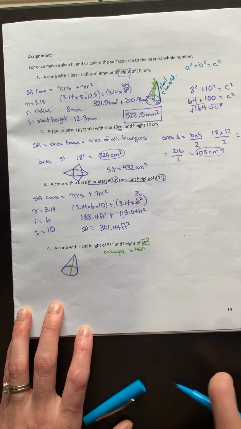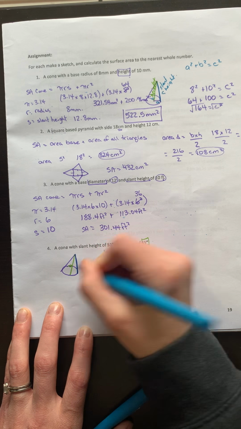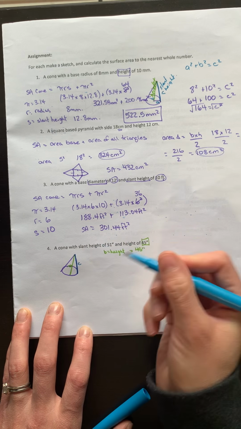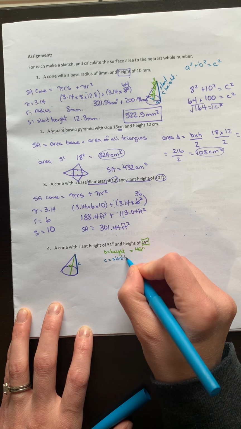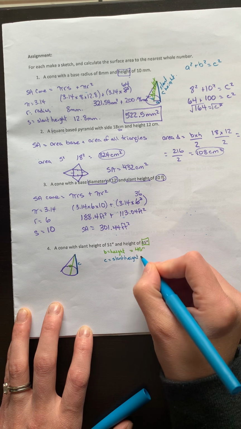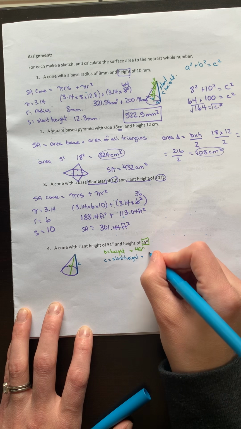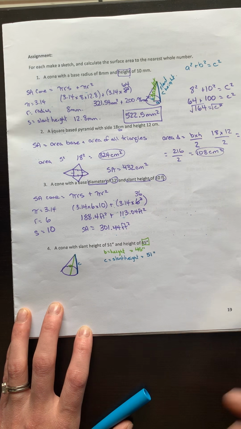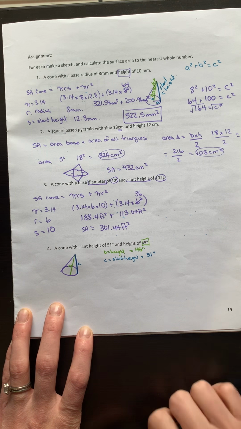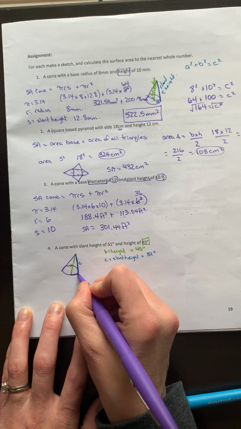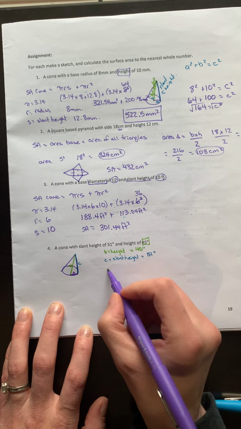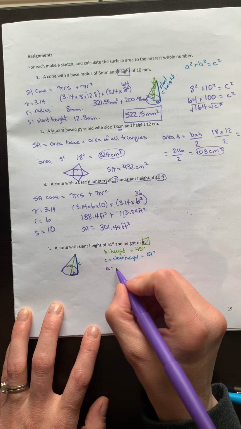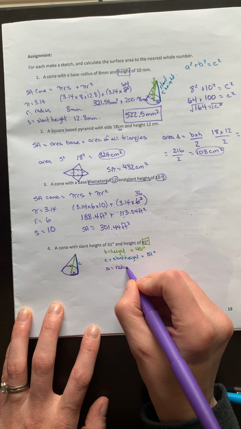They've given me my slant height, which is C, so C equals 51 inches. And now I'm looking for A, which is my base, which is going to be my radius. So A equals the radius.